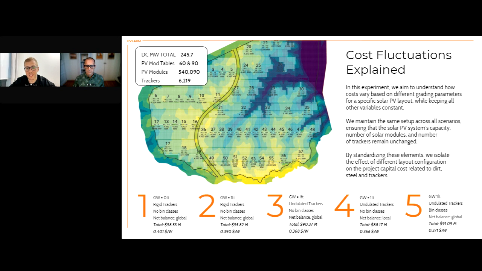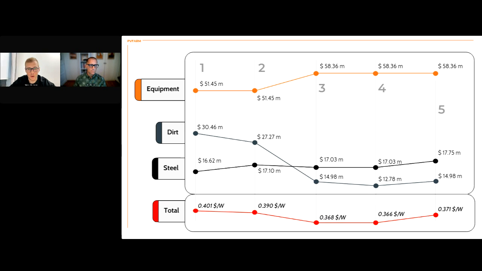But it gives us a lot of different types of piles. And when you start binning those types before or during procurement, you actually buy a bit more steel. And this is what we can see here. The steel increased, and the total cost in dollar per watt increased as well.